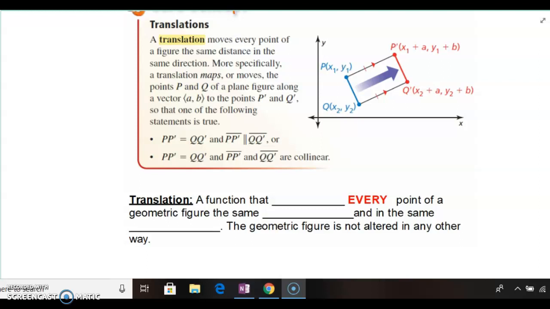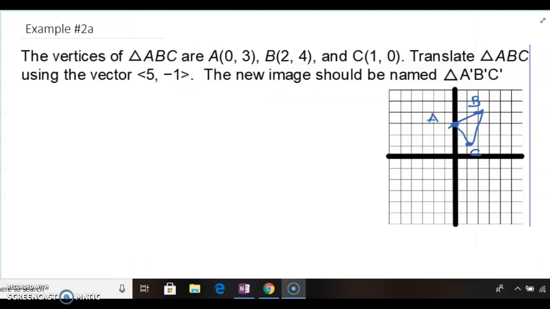Okay, so a translation is a function that moves every point of the geometric figure the same distance and in the same direction. Okay, so the geometric figure is not altered in any way, we're just moving it to a different place, usually on the coordinate grid. And we'll do several examples and you'll understand what that means.